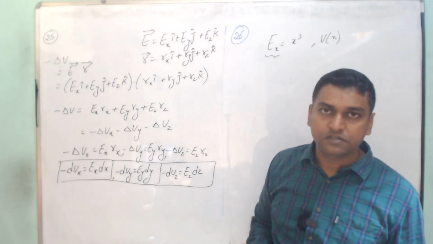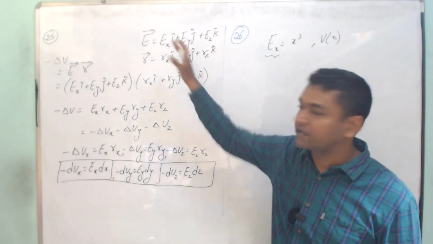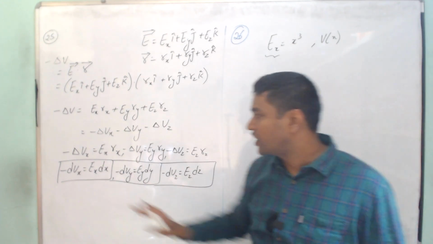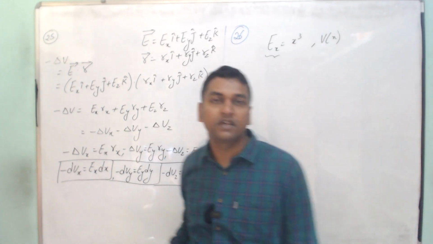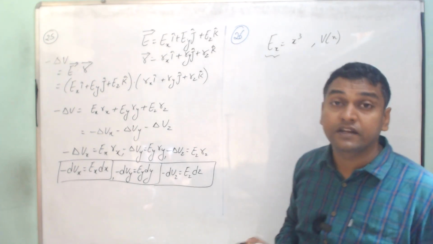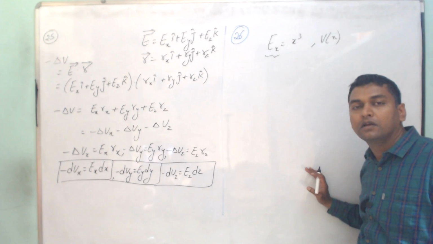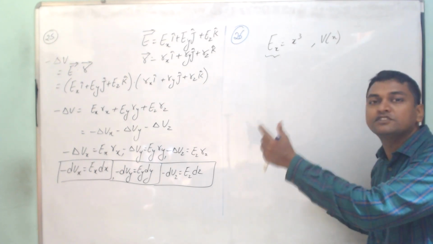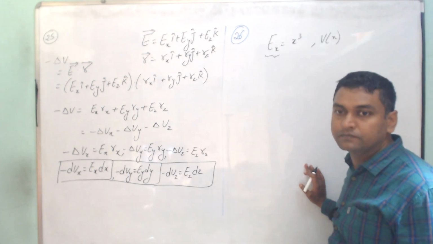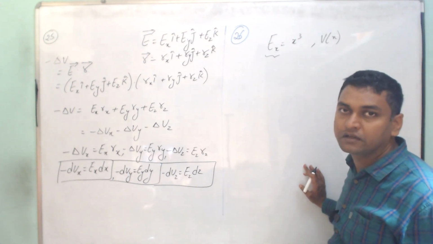In calculus, because I have done this derivation 6 times, 10 times, I know it is minus dVx is equal to Ex dx. Even if I forget that, I know negative of change in potential is equal to electric field into distance. That is the format.